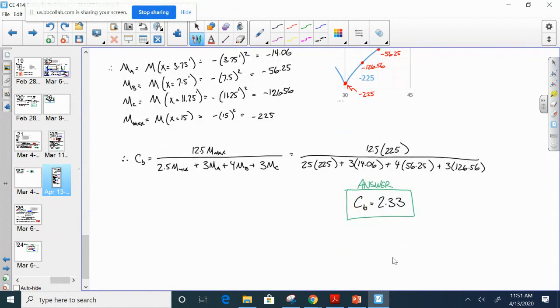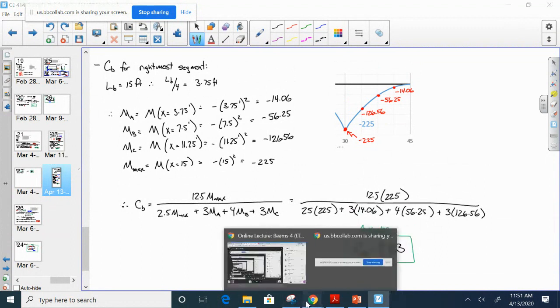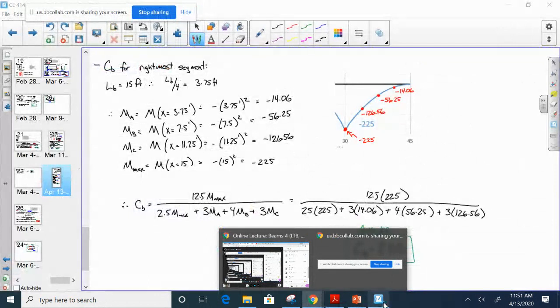All right. I'm going to leave the chat open for a sec to see if anybody has any questions. We don't have time to do the central segment, but I'll tell you what, we'll do the central segment on Wednesday because we'll finish that out, and then we'll look at how CB is used for capacity on Wednesday. But before I leave, I want to see if there's any questions in the chat on any of this.